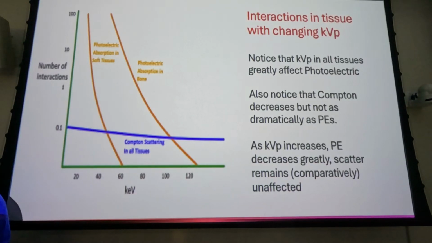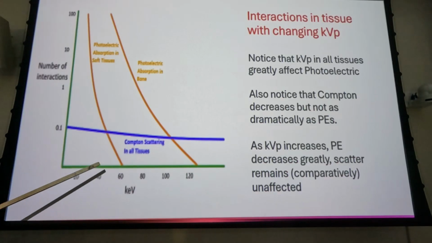So Compton is relatively unaffected by either tissue type or voltage. What we're really talking about in an increase in scatter radiation is an increase in scatter relative to especially absorption. So that's what we refer to as the Compton to PE ratio.